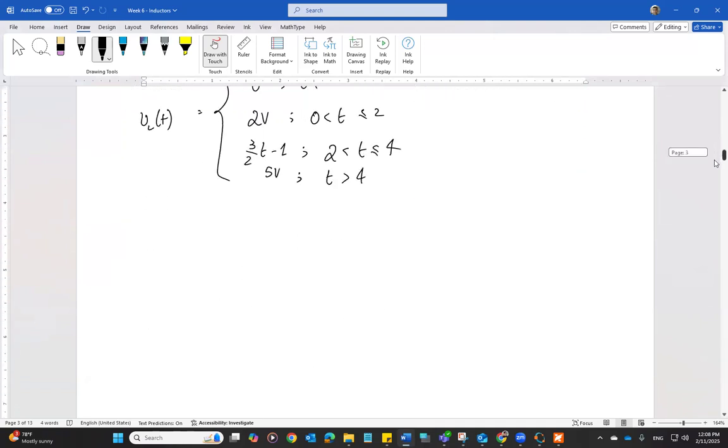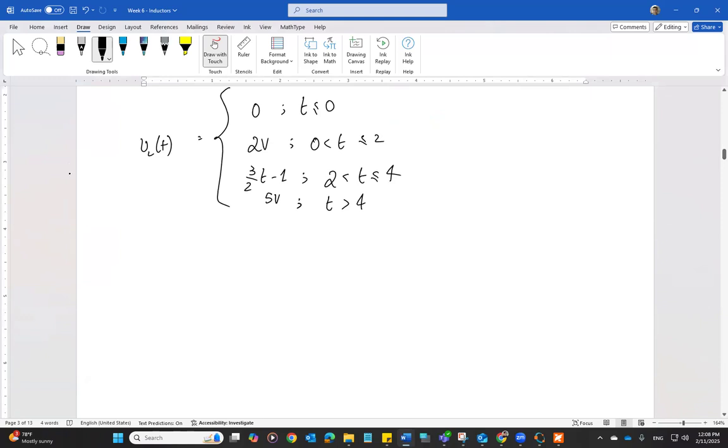And now we have to find the current for each of these time periods. So t less than 0. Since voltage is 0 and initial value of current is not given to us, we can assume that the initial value of current is also 0, and therefore our current before t is equal to 0 is going to be 0.